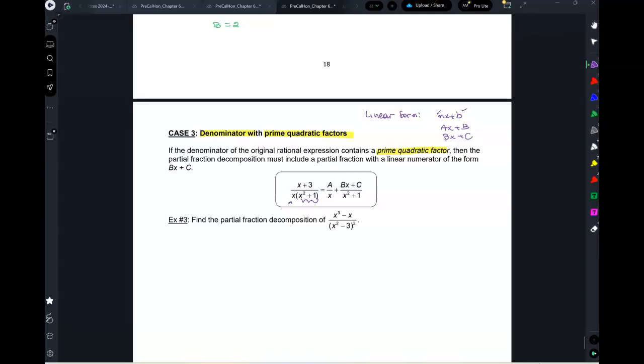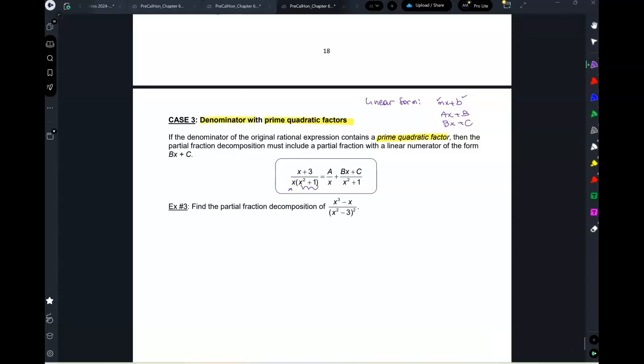quadratic expression. So in that case, when I separate them, I have one denominator of x, that gets an A. Then I have another denominator of x squared plus 1. That numerator has to have one less degree. So if this is a quadratic, the numerator has to be linear.